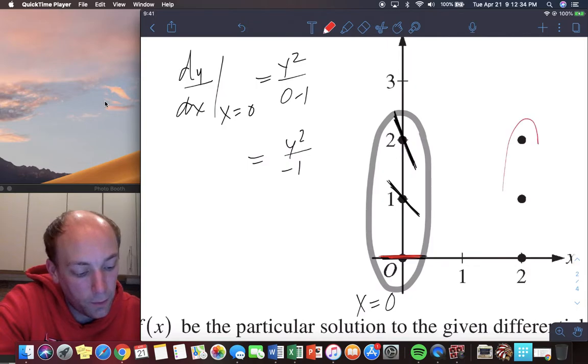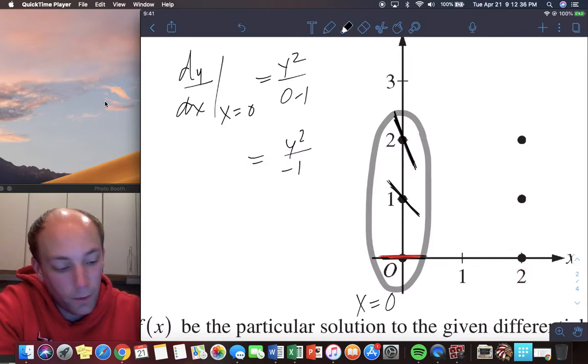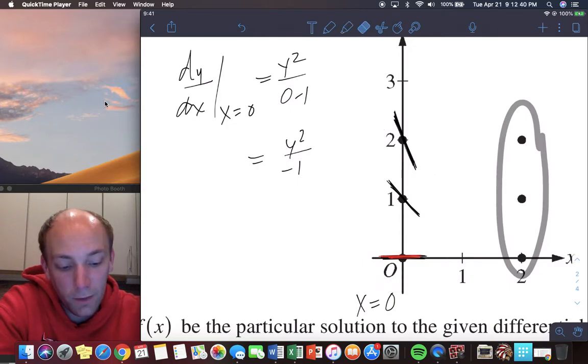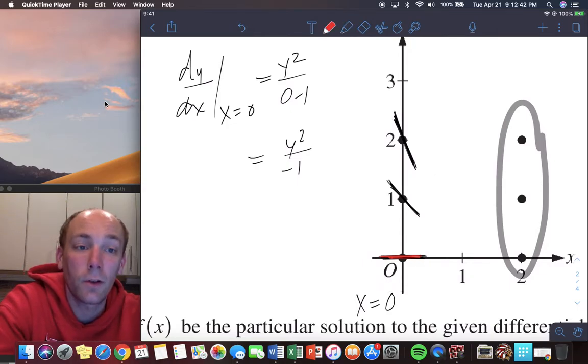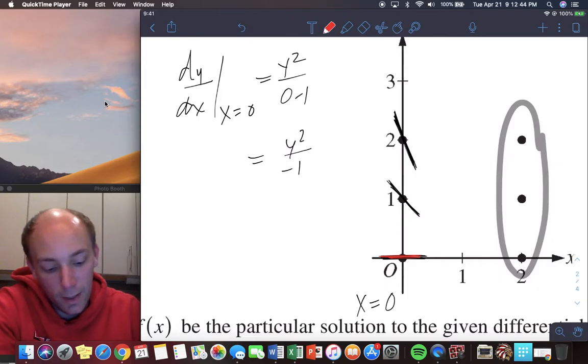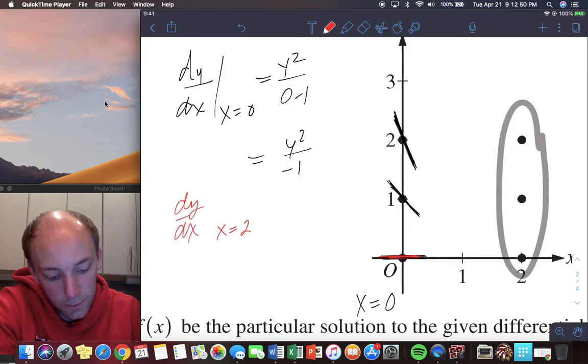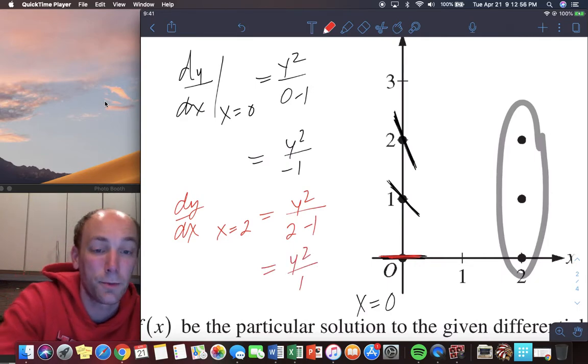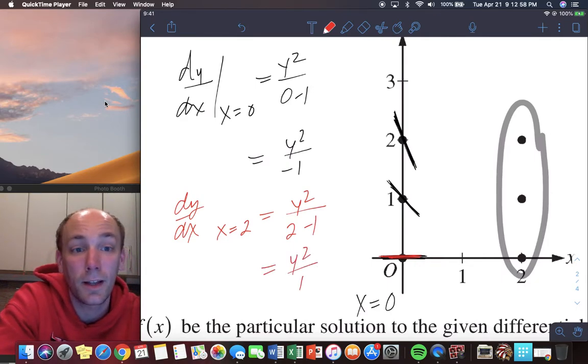For this one, I'm going to use the same kind of reasoning for these 3, because they all have something in common again. For all of those, x equals 2. So y squared over 2 minus 1 would just be y squared over 1, or just y squared. As I plug in these numbers, I'm just going to square the y coordinate, right?